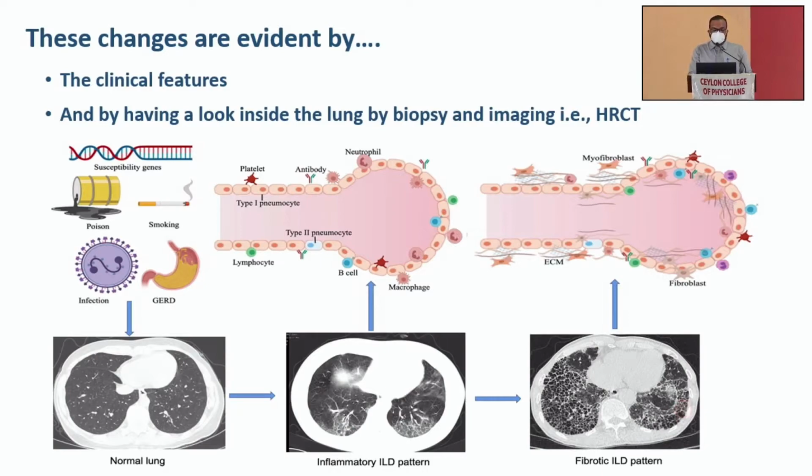You can see the normal lung, and after subjecting it to various insults, it undergoes inflammation, which is evident as a ground glass appearance in the high resolution CT, maybe consolidation as well. When it goes further, we get dysregulation of the healing process and more fibrosis, which is evident as a fibrotic pattern: reticulation, nodulation, and honeycombing.